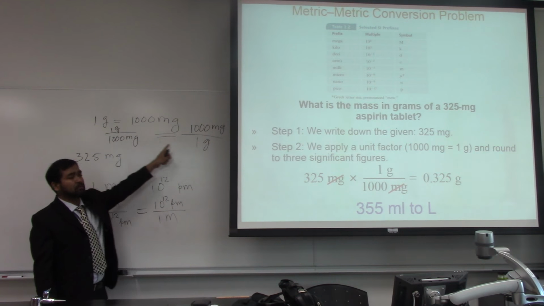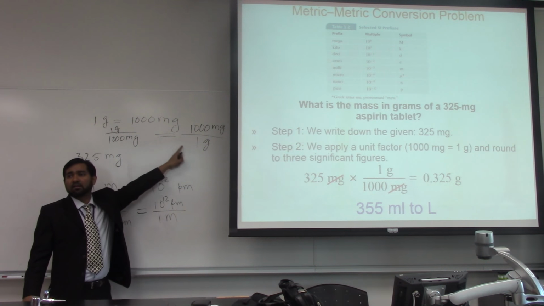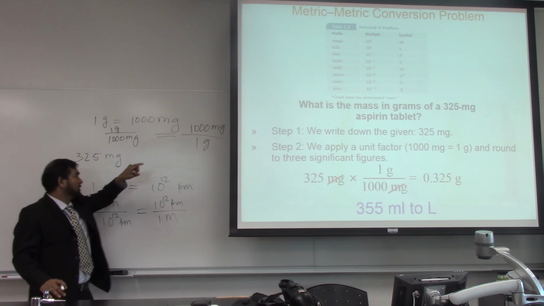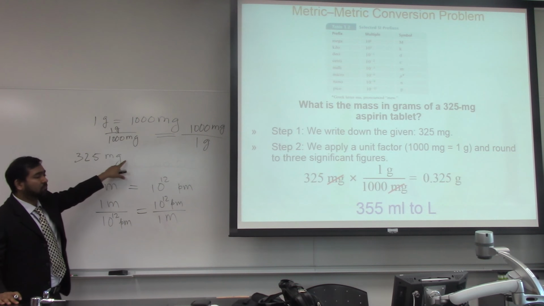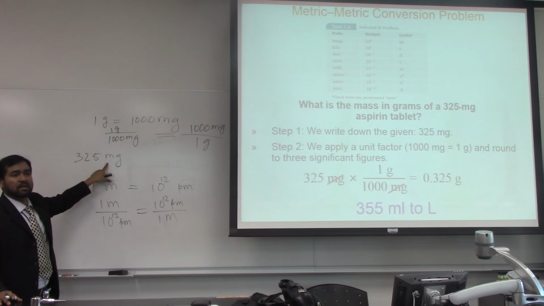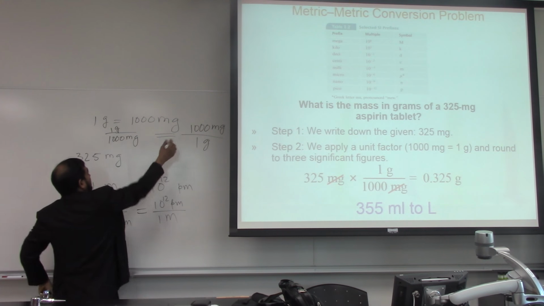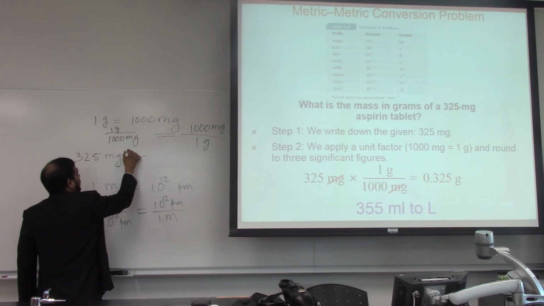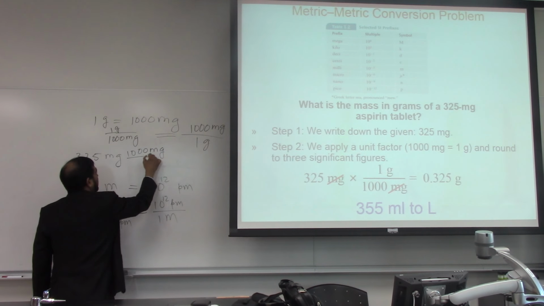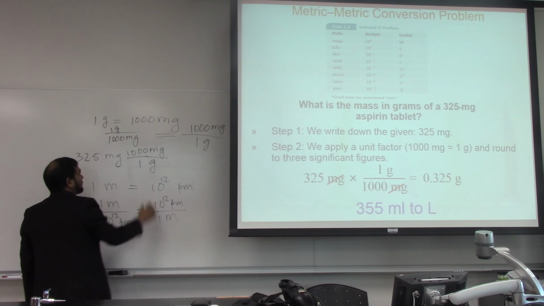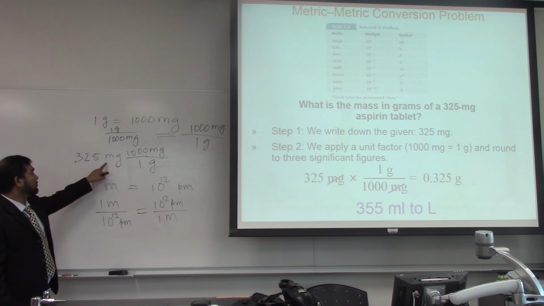So which one are you going to be using? This option or the flipped option? Look at that. You have a milligram. You should set it up in such a way that this milligram gets cancelled out. So if we write this one, for instance, 1000 milligram over 1 gram, can you cancel out milligram now?